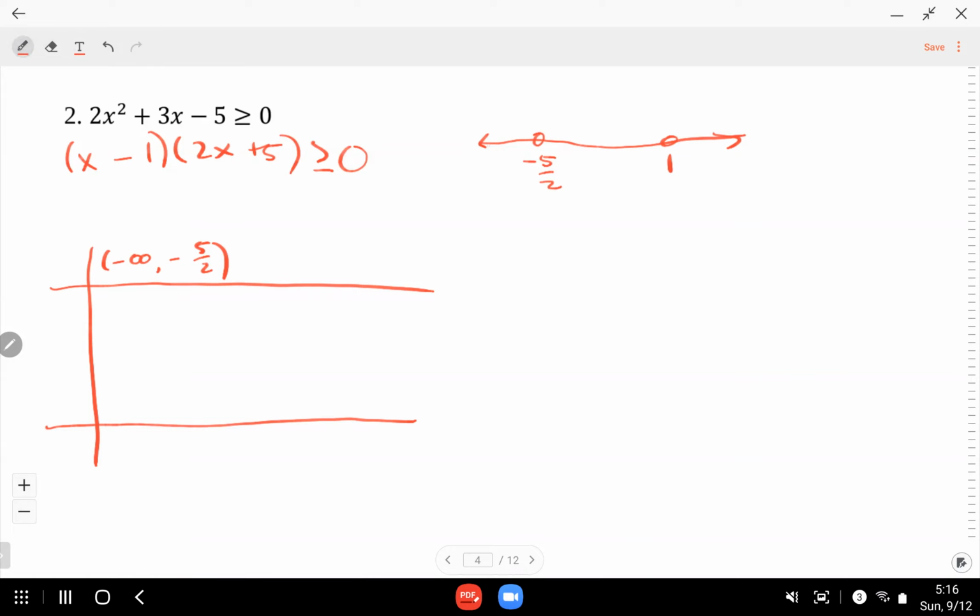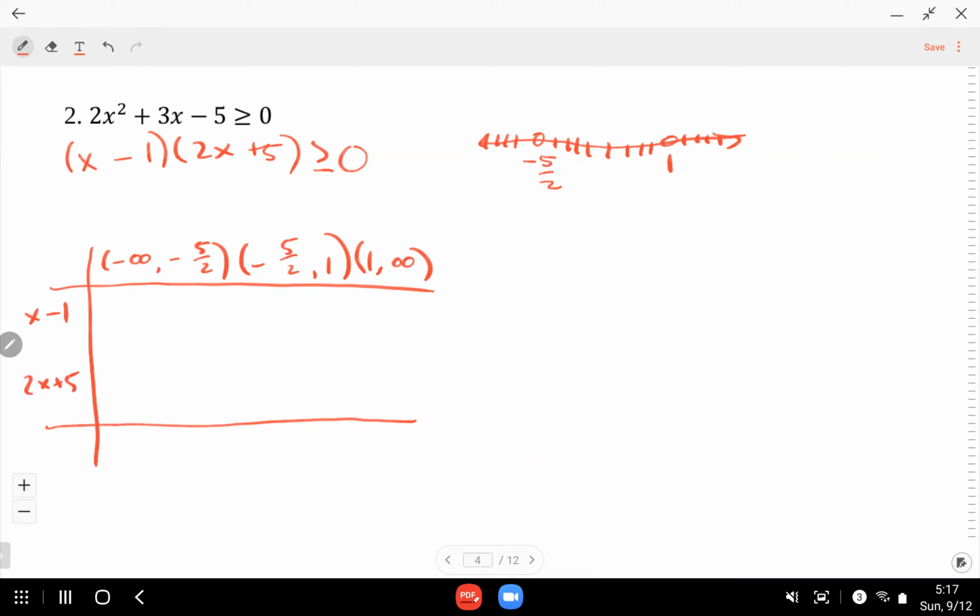So we're only going to find the intervals between these zeros: negative infinity to negative 5 halves, not including that, then negative 5 halves to 1, and 1 to infinity. And then x minus 1 and 2x plus 5, those are our factors.